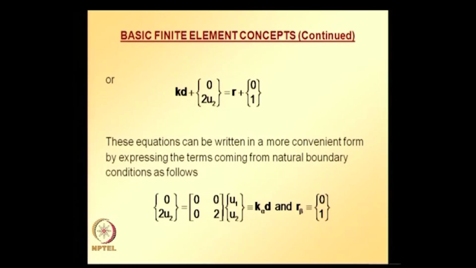And k alpha times d, the term 0 and 2 u2, can be written in a matrix and vector form like [0 0; 0 2] times a vector consisting of u1, u2, and the matrix consisting of elements 0 0 0 2 is defined as k alpha. So, these equations can be written in a more convenient form by expressing them in this manner.